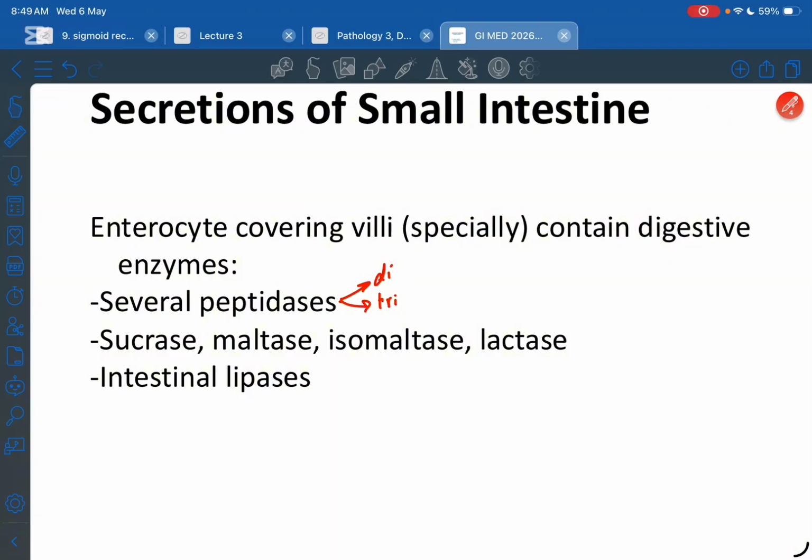We also have a minimal amount of lipases. But we need another important element, disaccharidases: sucrase, maltase, isomaltase and lactase. All of these are an essential part of the membrane of the enterocytes covering the villi and microvilli.